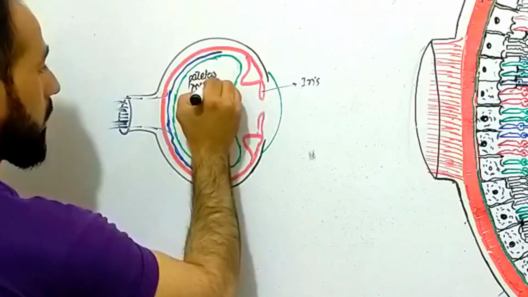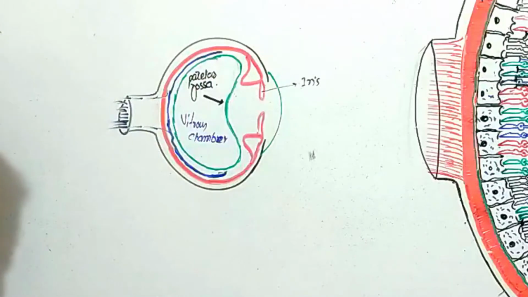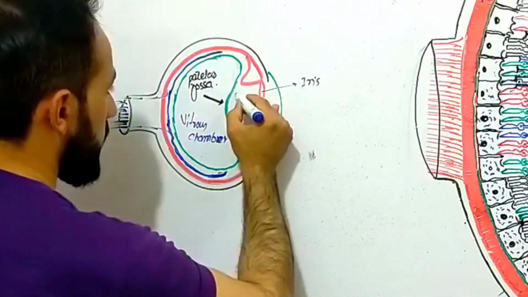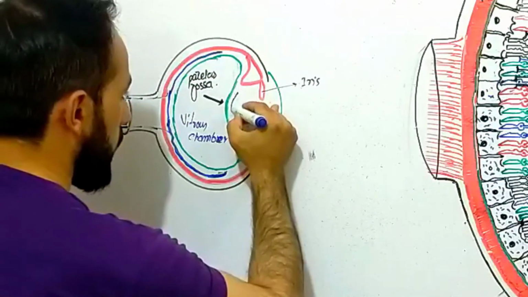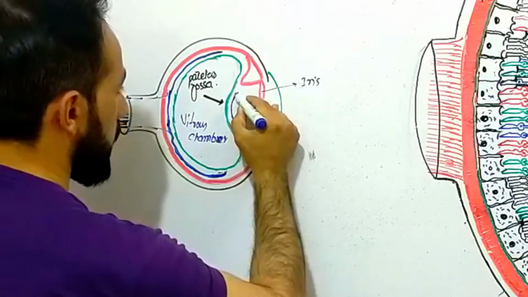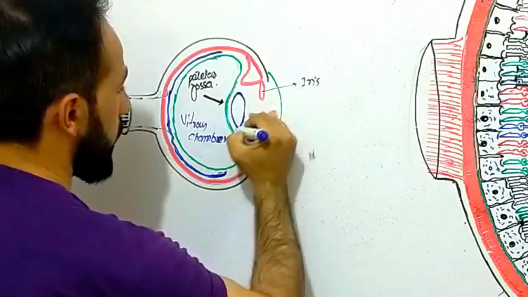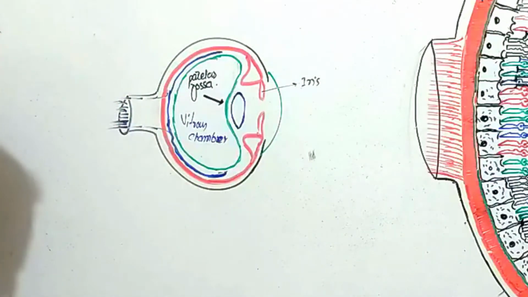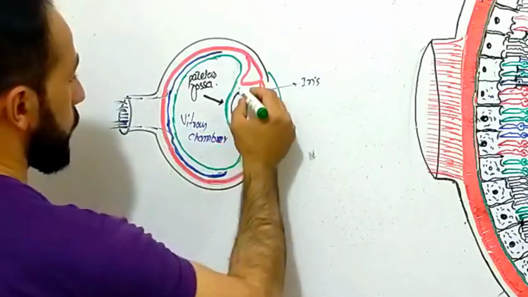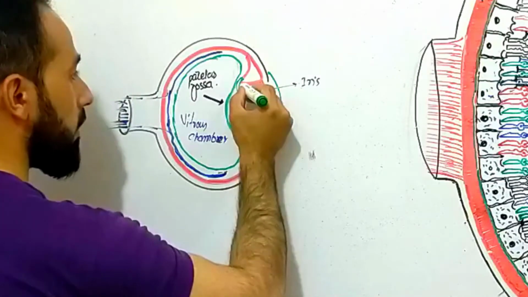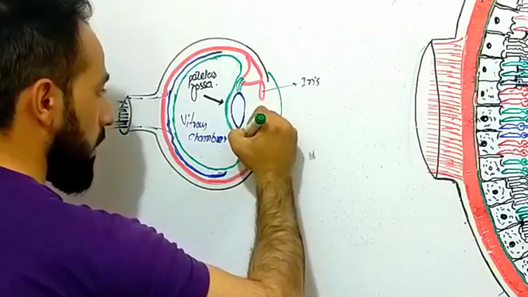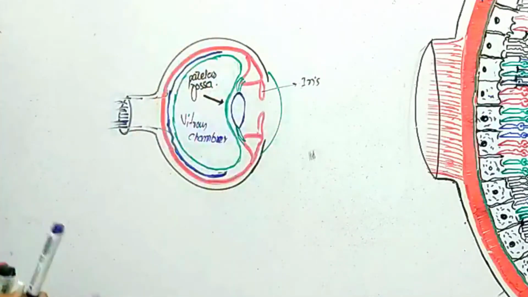So where is your lens exactly? Our lens is exactly located in front of the vitreous body and behind the iris, in the patellar fossa, held by suspensory ligaments on all sides.